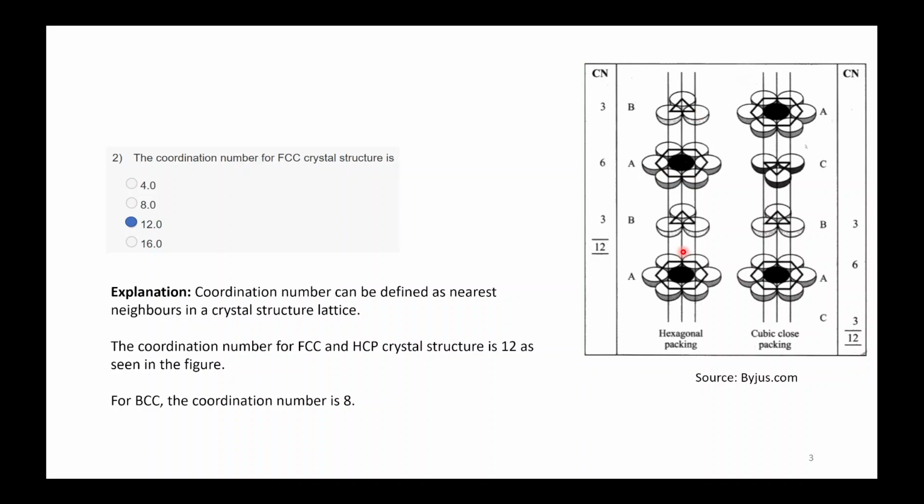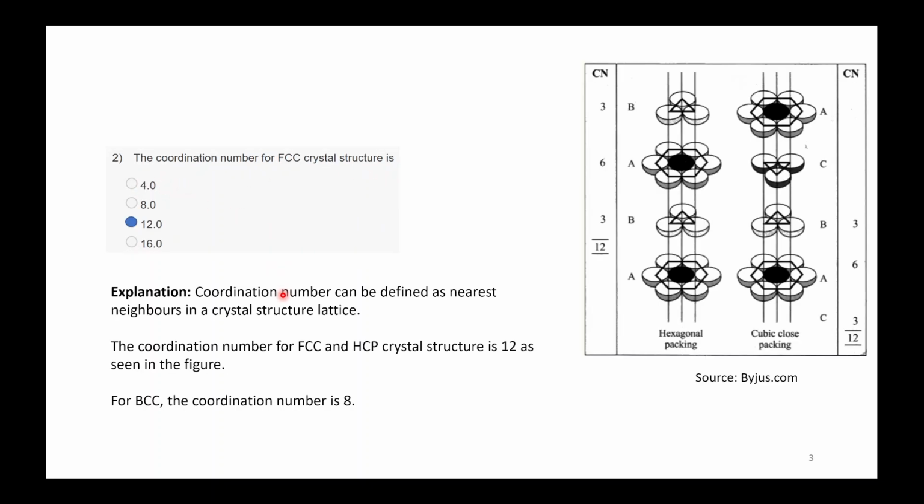So these are 12 atoms surrounding this atom, giving a coordination number of 12, similar to FCC. For BCC, the coordination number is 8: imagine the body center atom, whose nearest atoms are at the 8 corners. In simple cubic, the coordination number is 6.